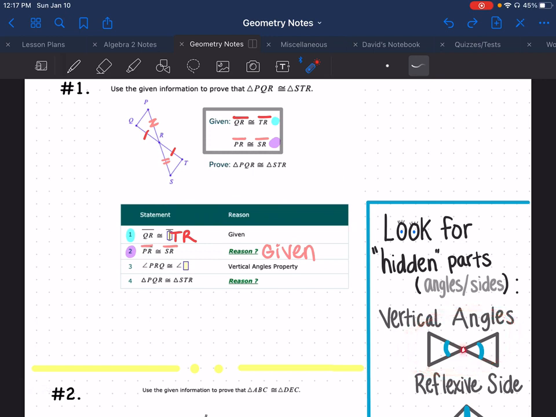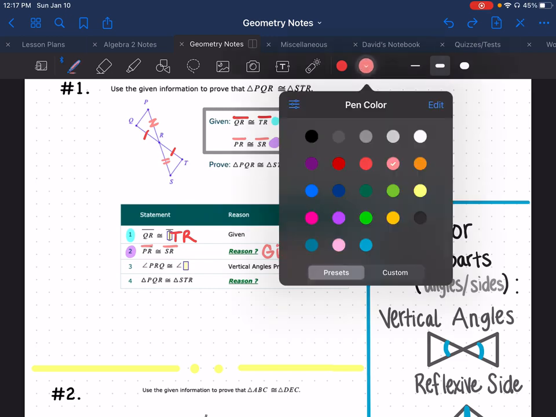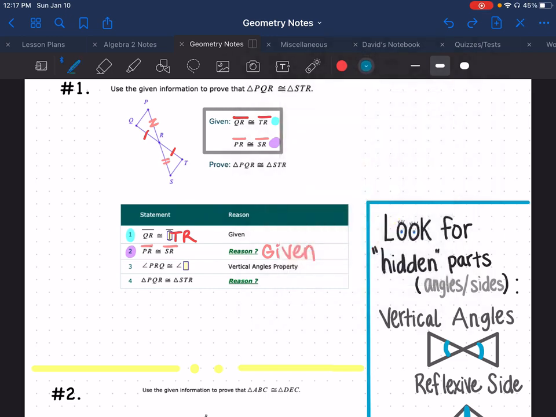I can see this shared point right here at R, meaning that my vertical angles are at R. So they're here, which is angle PRQ.